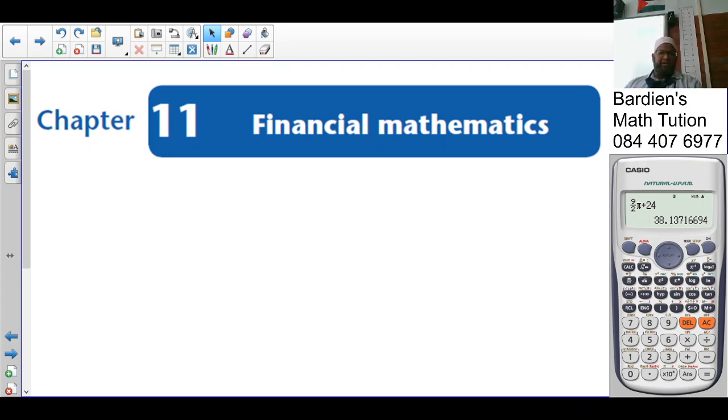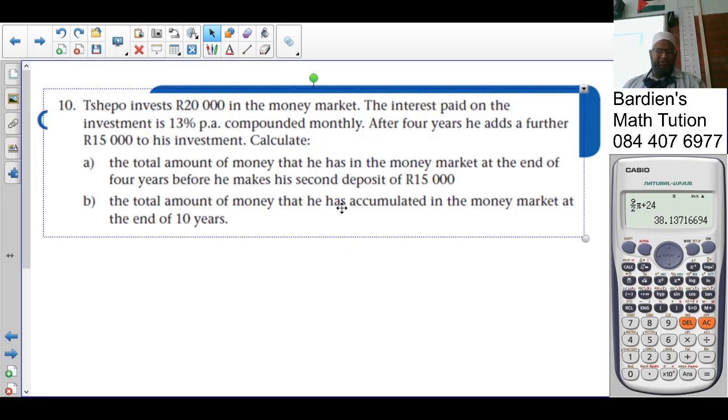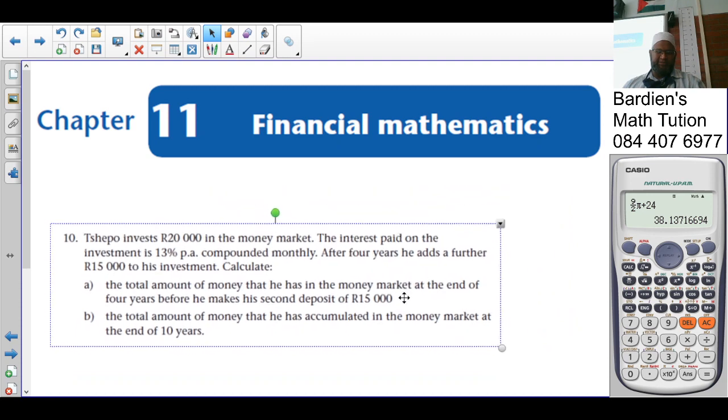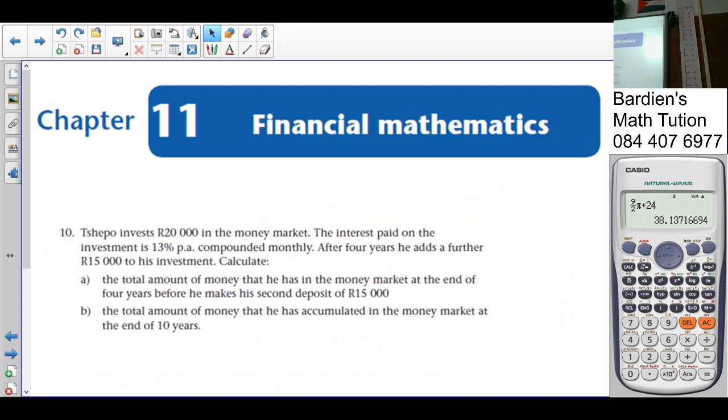Any issues with 11.3? Number 10, 11.3, number 10. Any issues with 11.4?